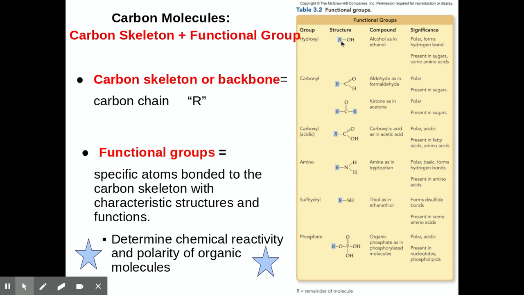In the chart over here, it's going to be R. R is going to be standing for the remainder. So the entire remainder of this molecule is the carbon backbone, whether it's a bunch of C's put together with other C's, how many H's are in there. That's the whole remainder of that entire molecule.